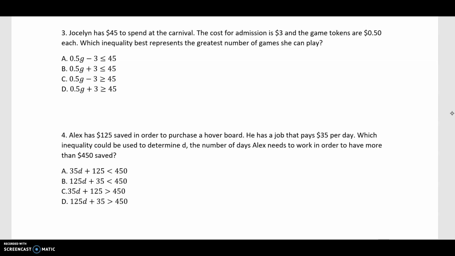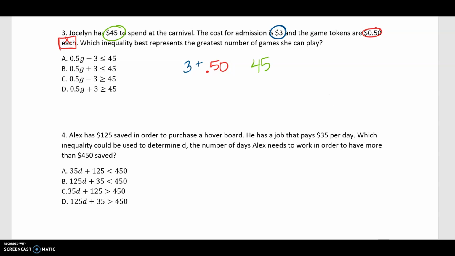Okay, so I'm going to the carnival. I have to spend $3 just to walk in the carnival. So I have $3. And then I'm also spending, it says 50 cents each. Each means multiply, right? So 50 cents per game. Then it says she has $45 to spend.